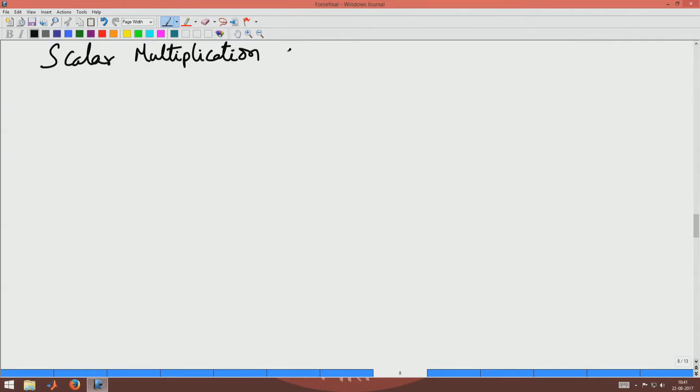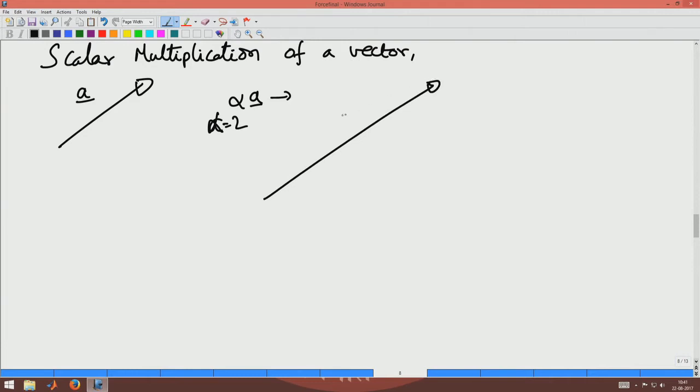Multiplication of a vector, that is if I have a vector A which is this dotted line segment, if I want alpha times A, what it means is, if alpha is 2, then this vector, these are parallel lines but the length has become 2, okay.